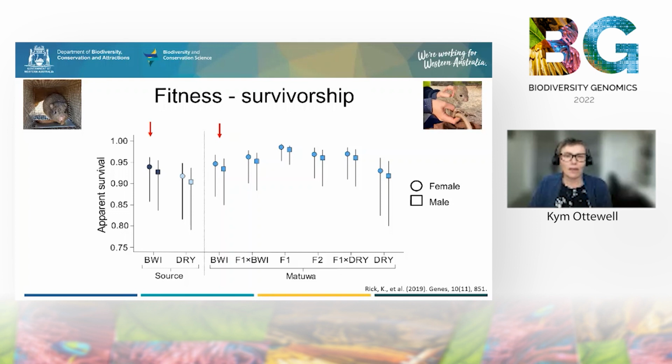So as a baseline to establish fitness effects in the Mattawa population, we found that the Barrow Island founder individuals and their offspring, as well as the Dryandra founders and their offspring, had very similar levels of survivorship. So there was no survivorship bias either way with those two original source populations.